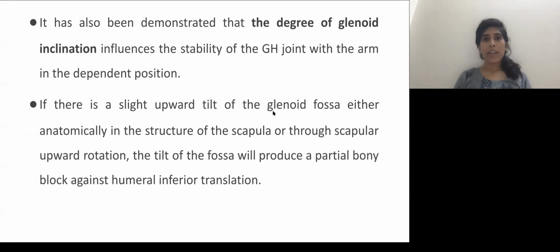Then another mechanism is the degree of glenoid inclination. So if there is a slight upward tilt of the glenoid fossa, either anatomically in the structure of the scapula or by the scapular upward rotation, it helps to partially bony block against the humeral inferior translation.